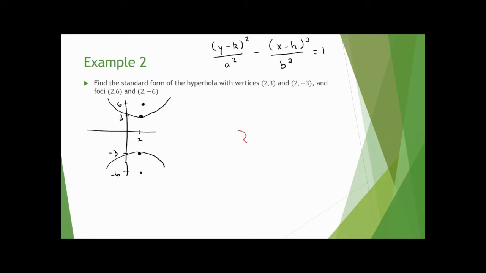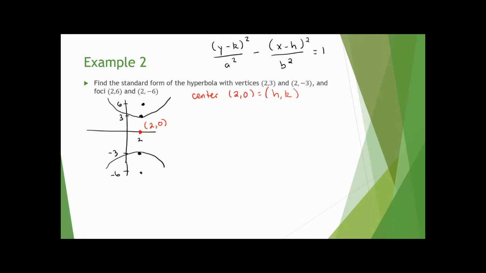So the center is halfway between the vertices, and so that is going to be at 2 comma 0. So the halfway point between a y value of 3 and negative 3, that's going to be 0, and then our x value is not changing. So our center is 2 comma 0, or h comma k. So h is equal to 2, k is equal to 0.